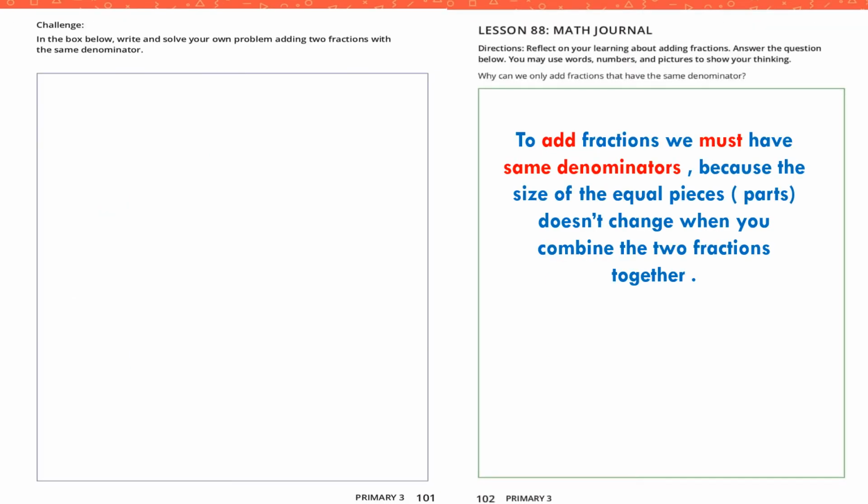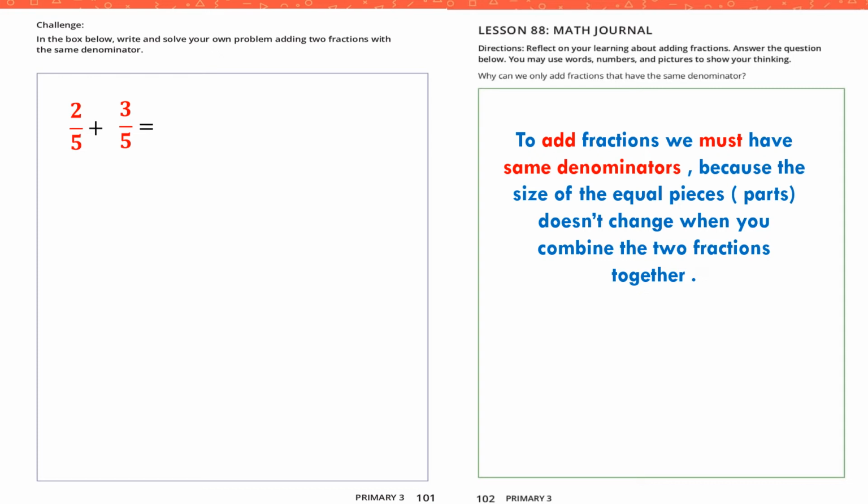Our challenge here, in the box below, write and solve your own problem, adding two fractions with the same denominator. I give you an example here. 2 over 5 plus 3 over 5. Let's remember together the steps of adding fractions. What do you observe here? We have the same denominators, so the first step, put the denominator as it is.